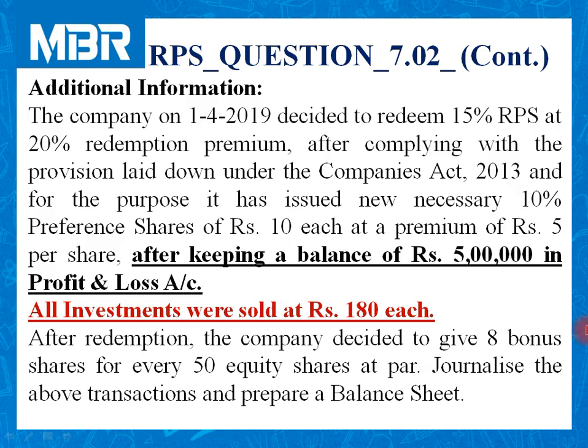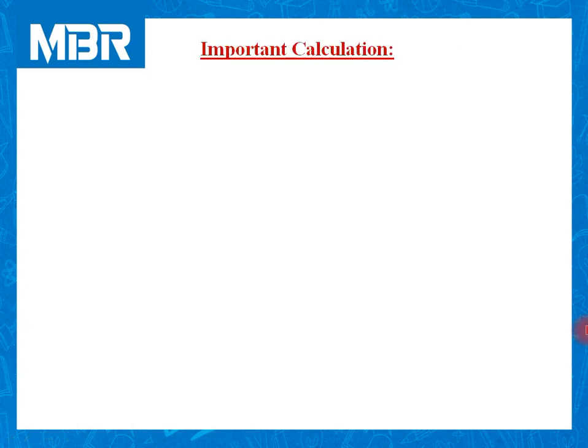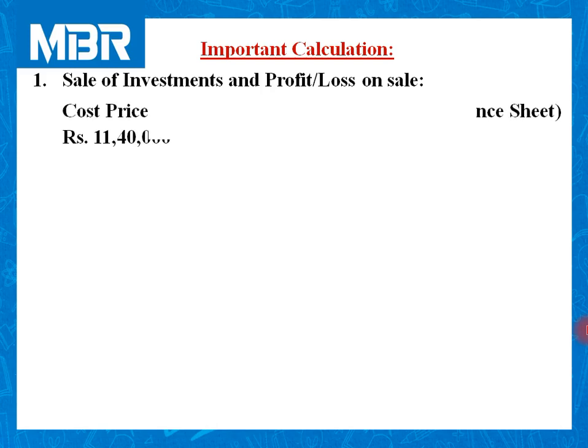Let us start the solution of the problem with the first and foremost item of our question. It is related to sale of investment and the amount of profit or loss on this transaction. Check the balance sheet given as a part of the question.